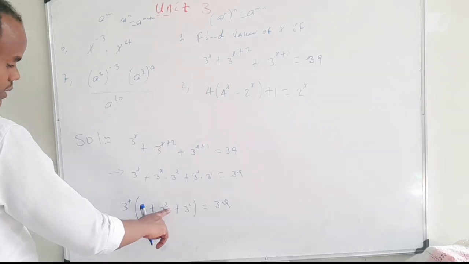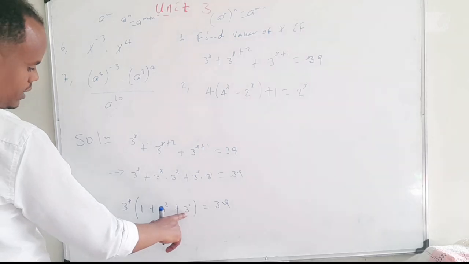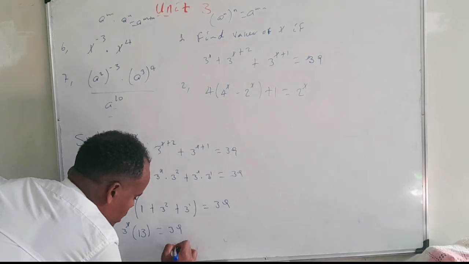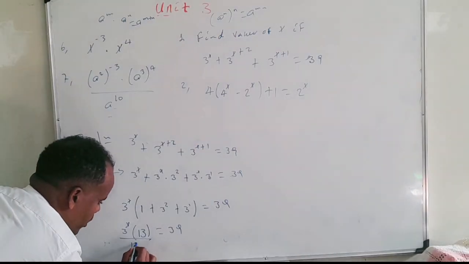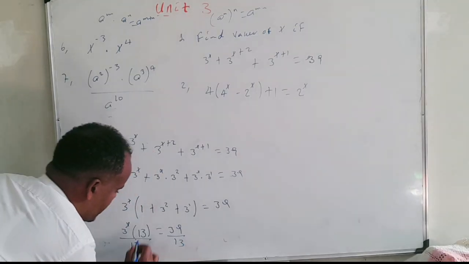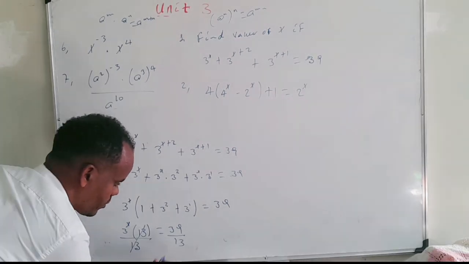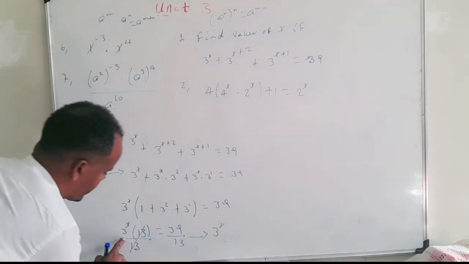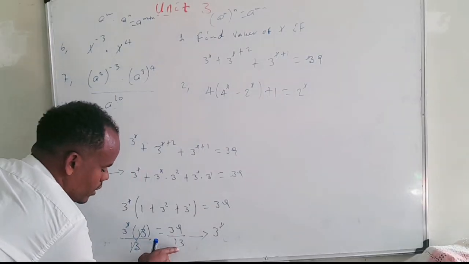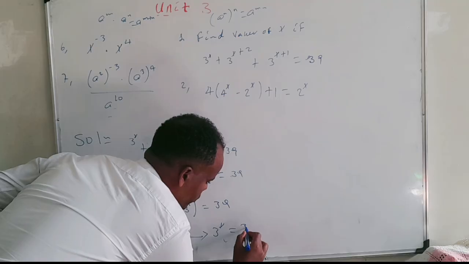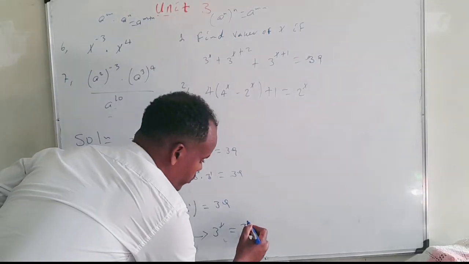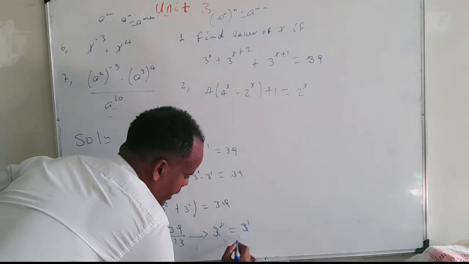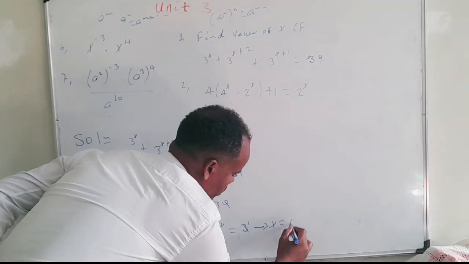So this is 3 to the power of x times 9 plus 3, that is 12, so 3 to the power of x times 12 is equal to 39. Both sides divide by 13, then 13 is cancelled, and 3 to the power of x is equal to 3, that is 3 to the power of 1. The 3 is cancelled by 3, then x is equal to 1.